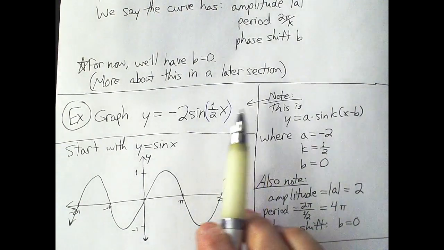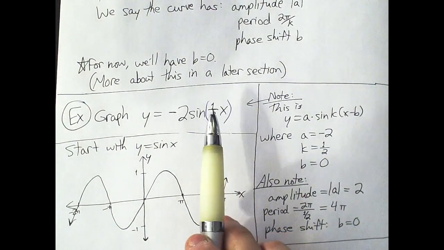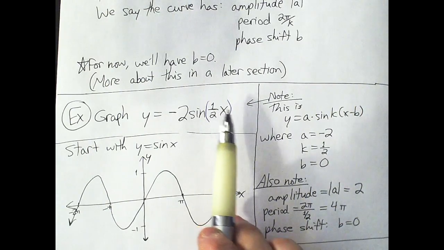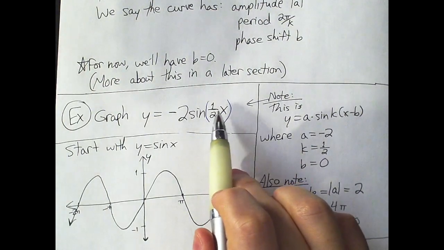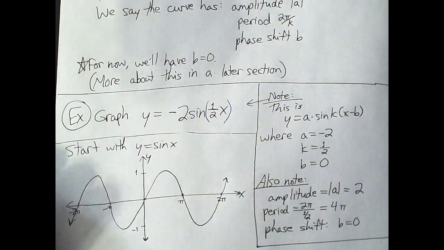Now, when you have a constant in parentheses inside a function next to the x, do you remember what kind of graph transformation that is? It's not a shift to the left or right. It's not a shift up or down. It's not a flip. It's something else when you have a constant being multiplied times x.